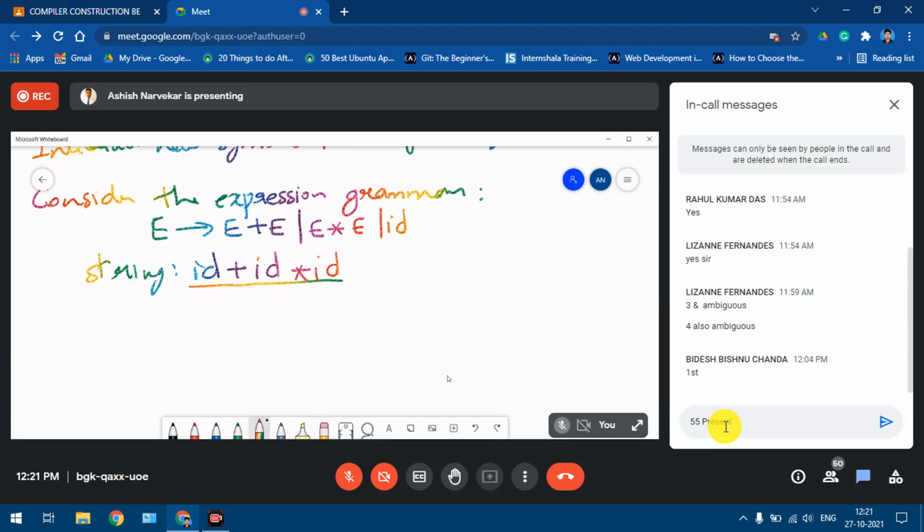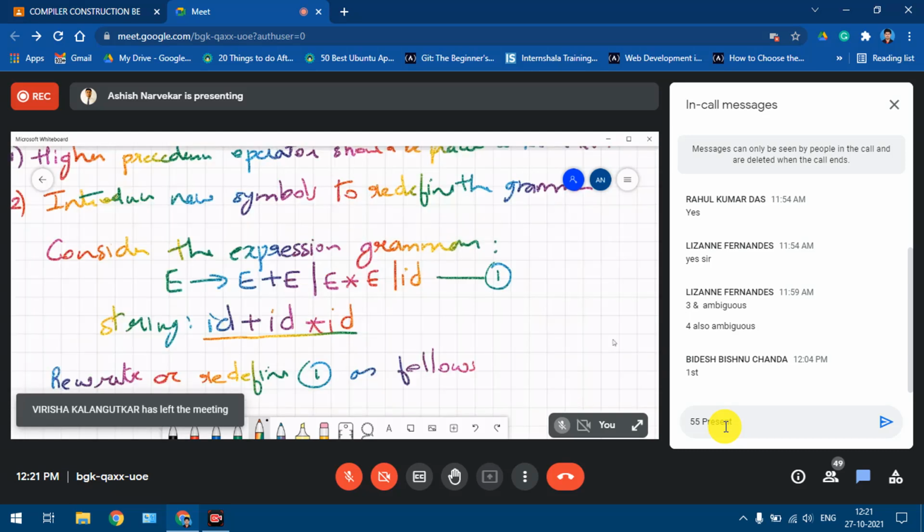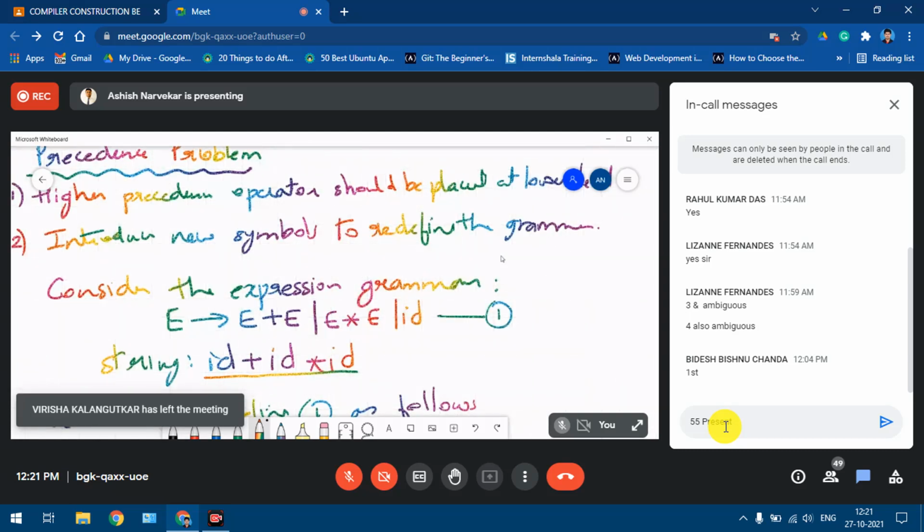So I'll just number this as 1. What we have to do now is rewrite, or we can call it redefine, 1 as follows. Here we'll use the second point that we discussed.